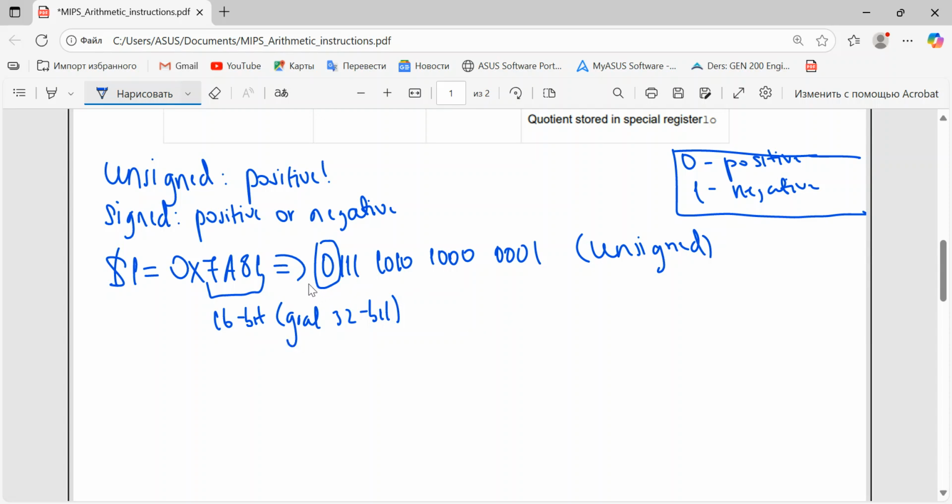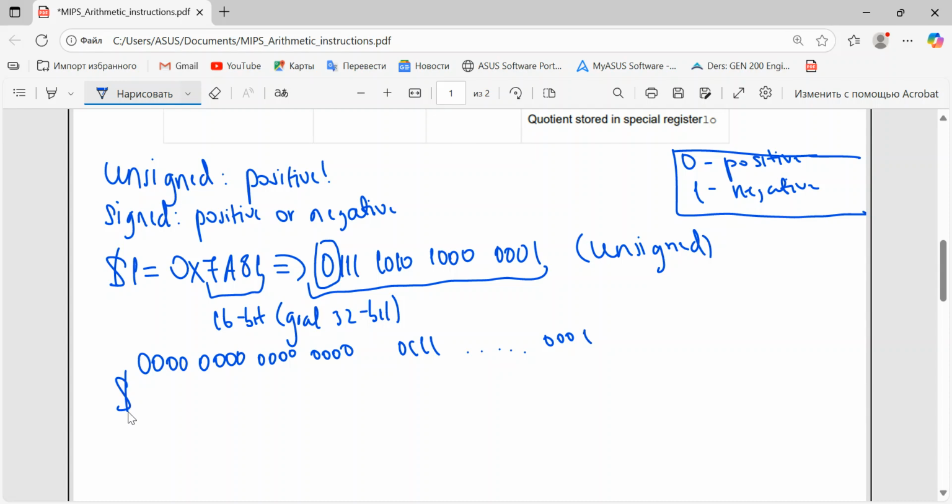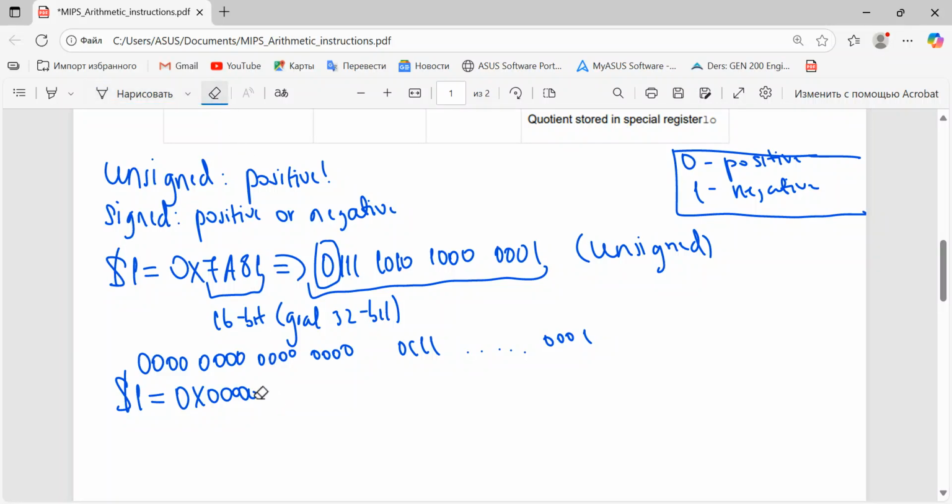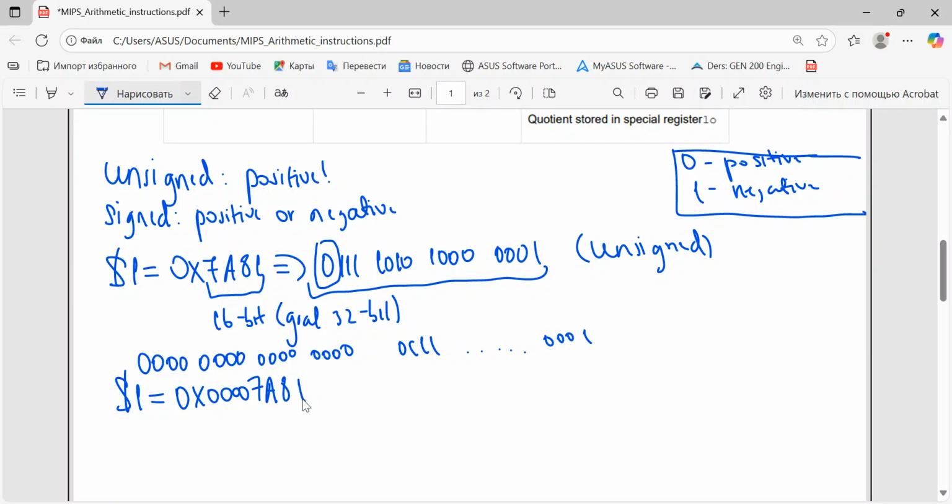It's 16-bit, so we have to extend it to 32 bits. What do we do? We just add zeros, 0, 1, 1, 1, and so on until 0, 0, 0, 1. So the updated value is going to be 0x00007A81. That's for the unsigned.